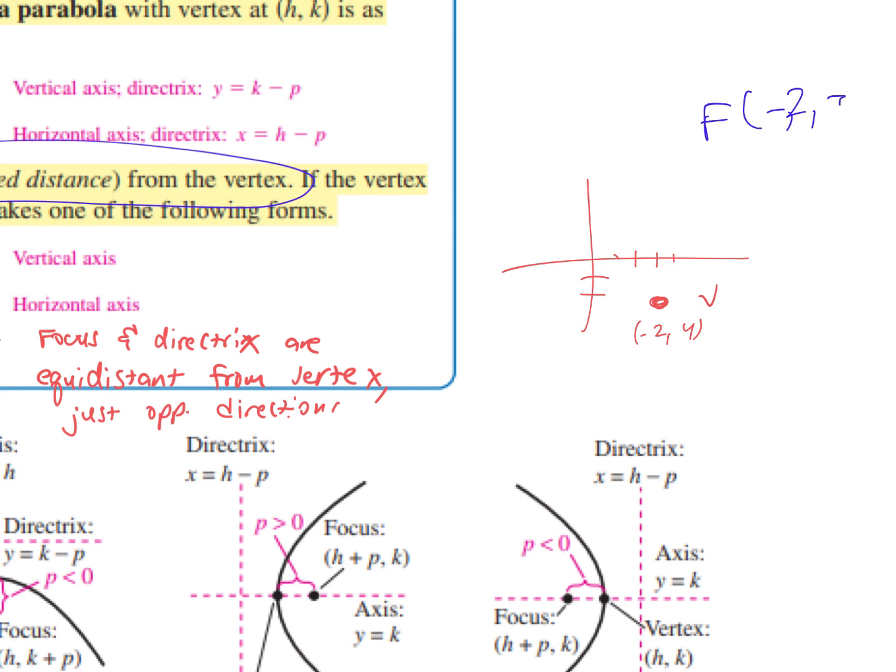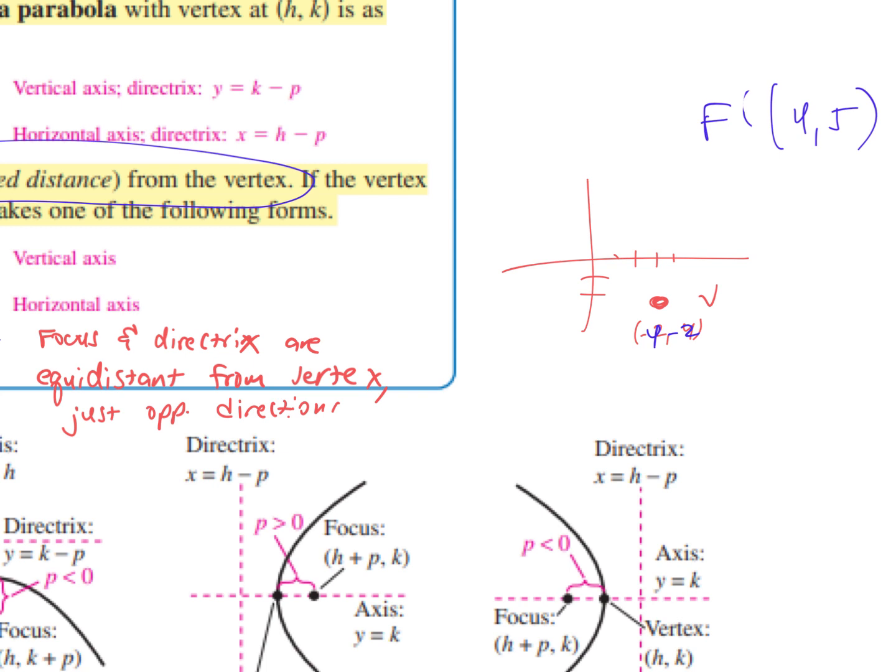That's not right, the way I wrote that. This would be 4, -2. They might tell you that your focus would be at 4 or 5. Why is that important information? That tells you a lot. What is that telling you?